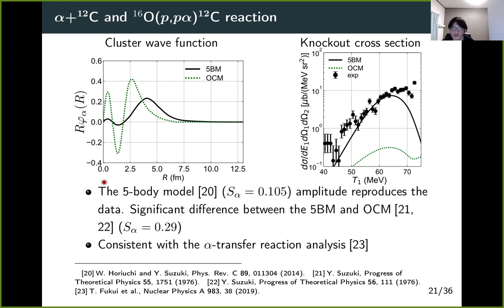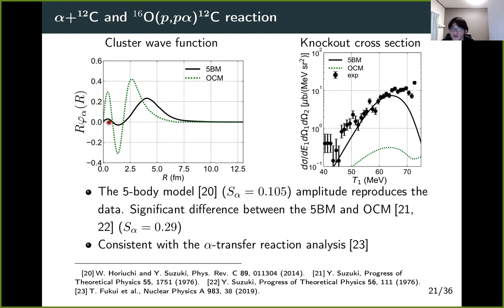This is a 5-body framework with the carbon-12 core plus p, p, n, n. This solid line is the alpha cluster wave function you get, and its spectroscopic factor is 0.1.